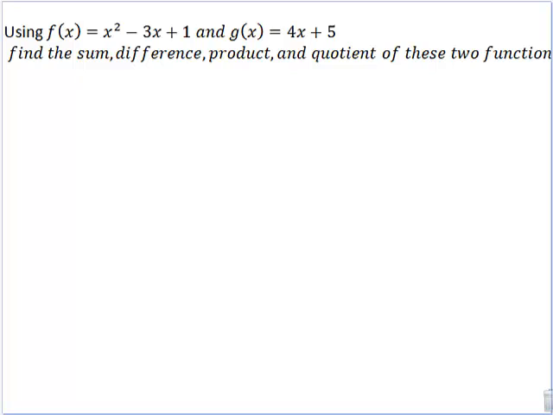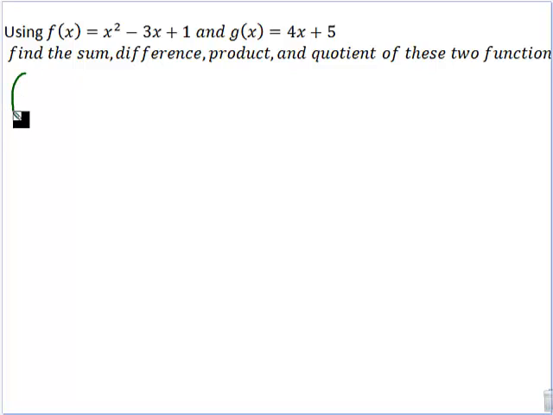We are going to add them, add the like terms together, subtract the like terms, multiply them together, and then we will also divide them. And then it's just using the new notation for it.